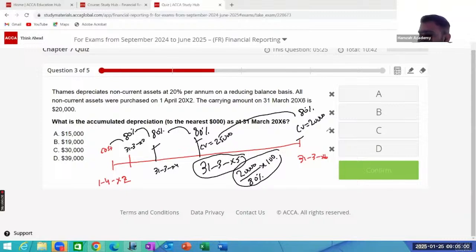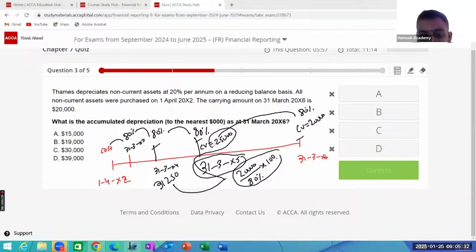Now, similarly, the carrying value of X5 is equal to 80% of the carrying value of X4. So again, divide by 80, multiply by 100. The carrying value at 31st March X4 was 31,250, and if you take 80% of it, you will reach 25,000.